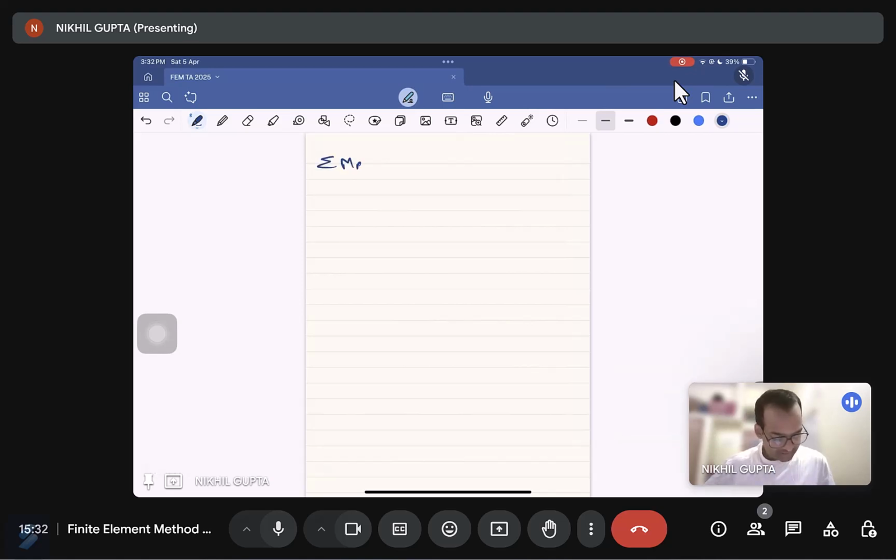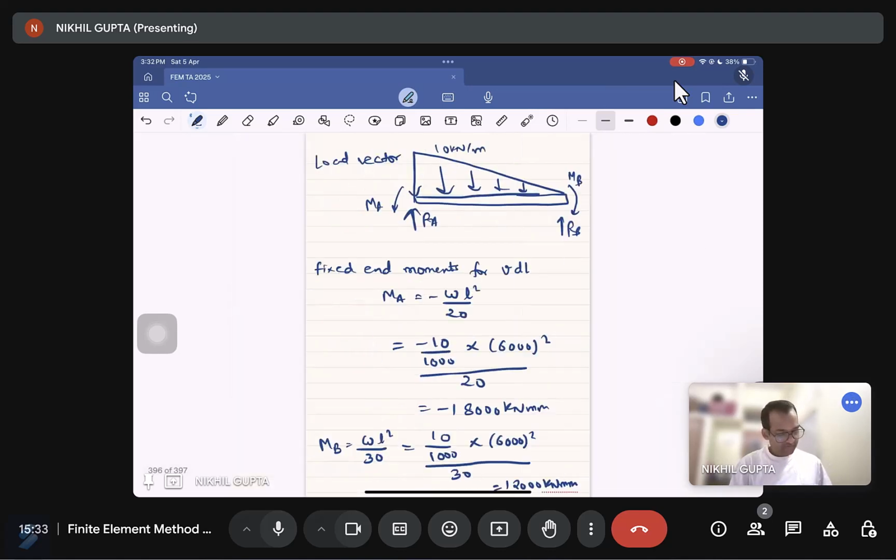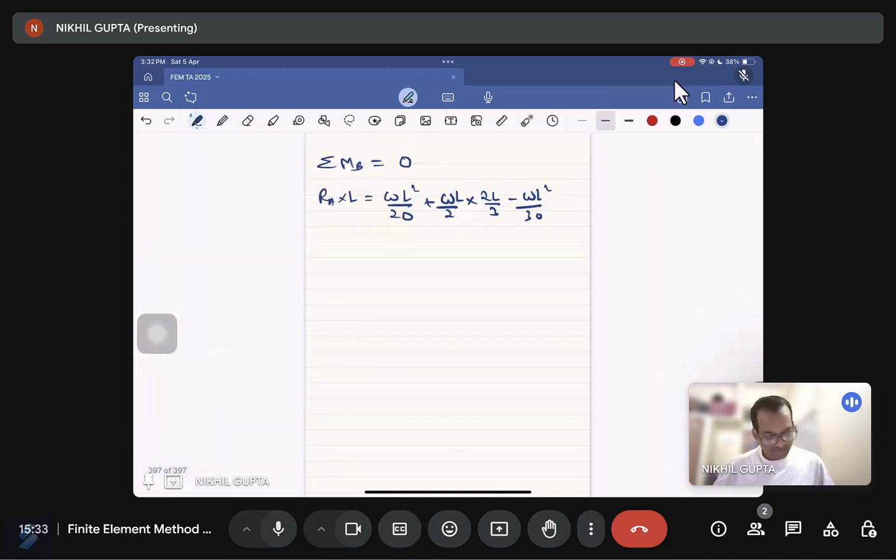Okay, so next we have to find the reactions as well. So summation of moments about B will be 0. So this will be RA into L, which equals WL square by 12 plus WL by 2 into 2L by 3 minus WL square by 30. What we are doing is making the moment about B equal to 0. One is the UDL, one is RA, and one is MA. So we have written the contribution from each term.